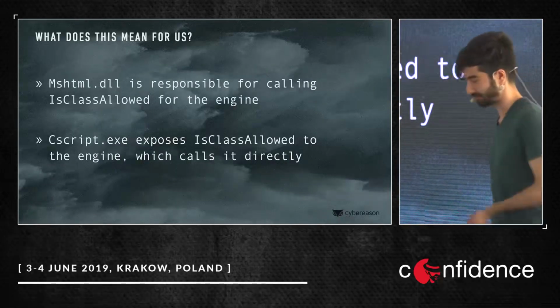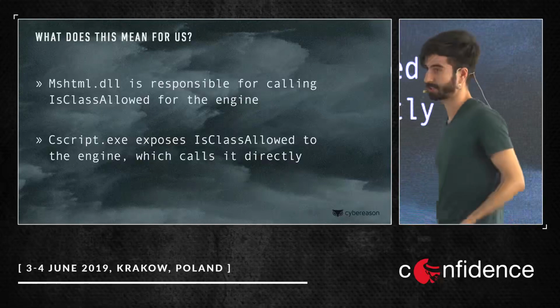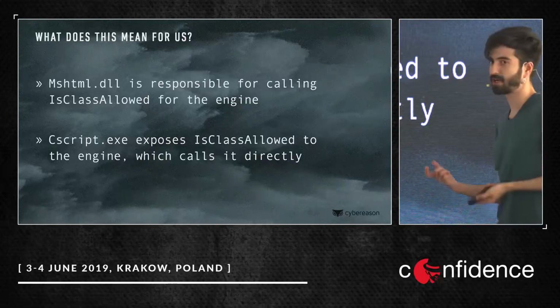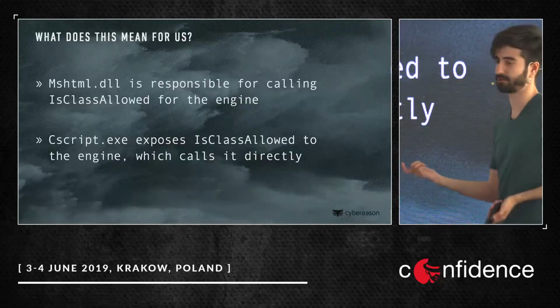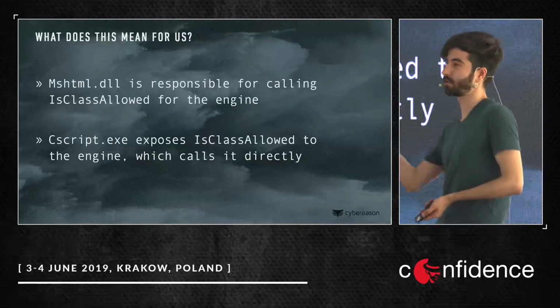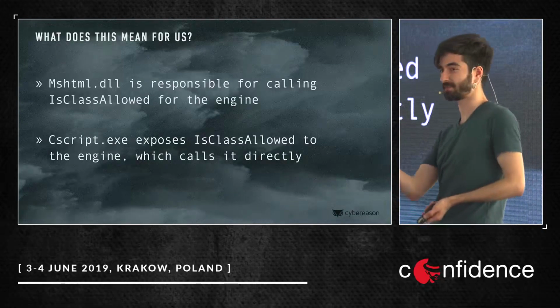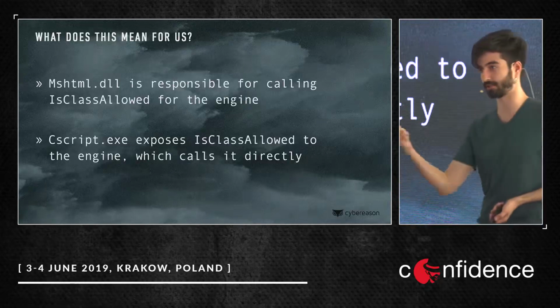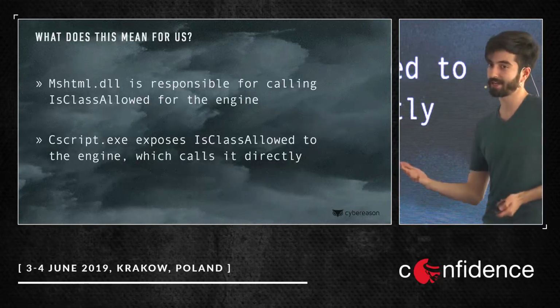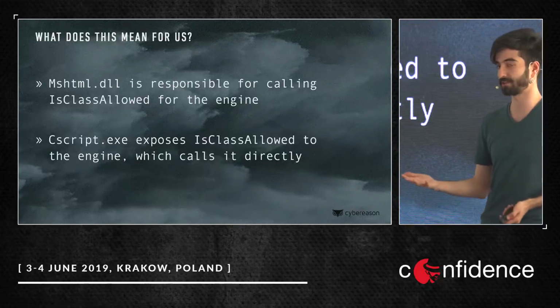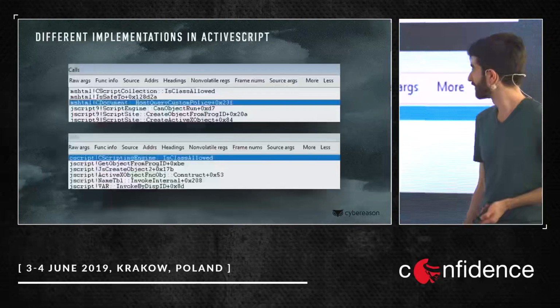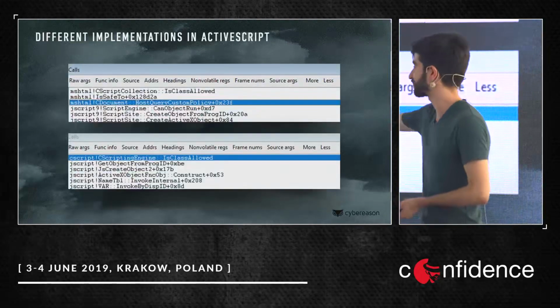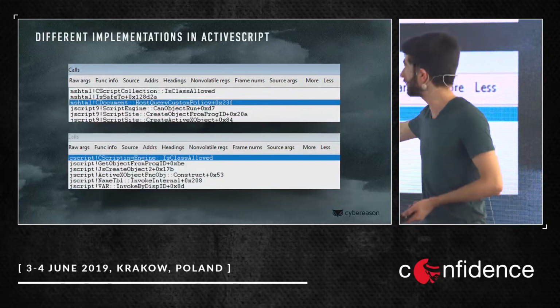And apparently, the developers of CScript or WScript, etc., just say, well, anybody who develops a scripting engine will want to use device guard, so let's just give them a pointer to the is class allowed function, and then whoever develops the scripting engine will call it whenever necessary. So again, as you can see, JScript calls is class allowed directly.